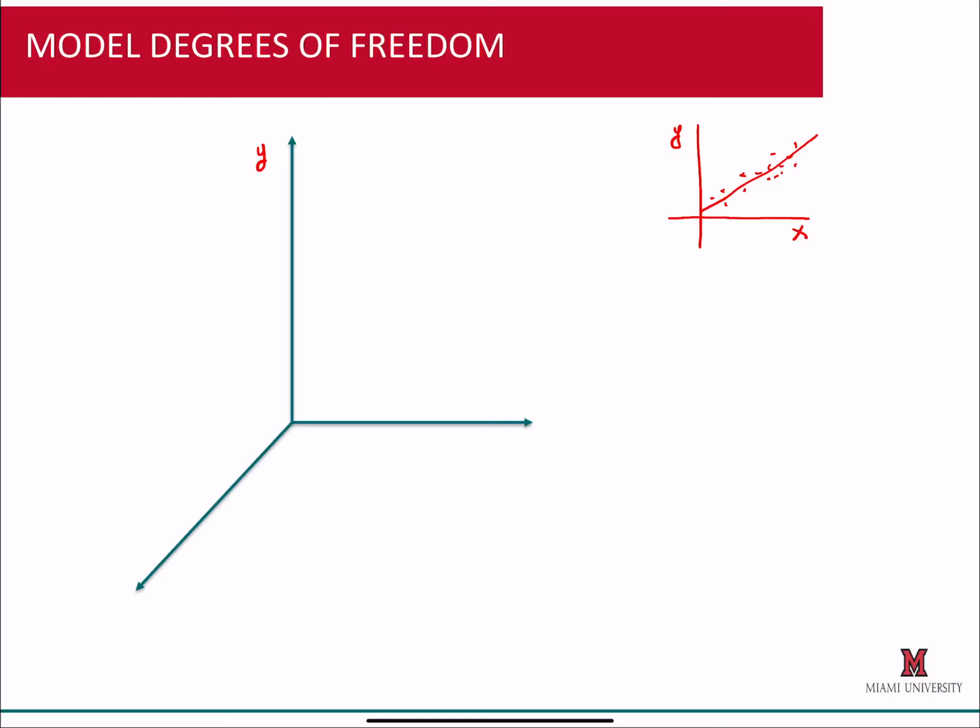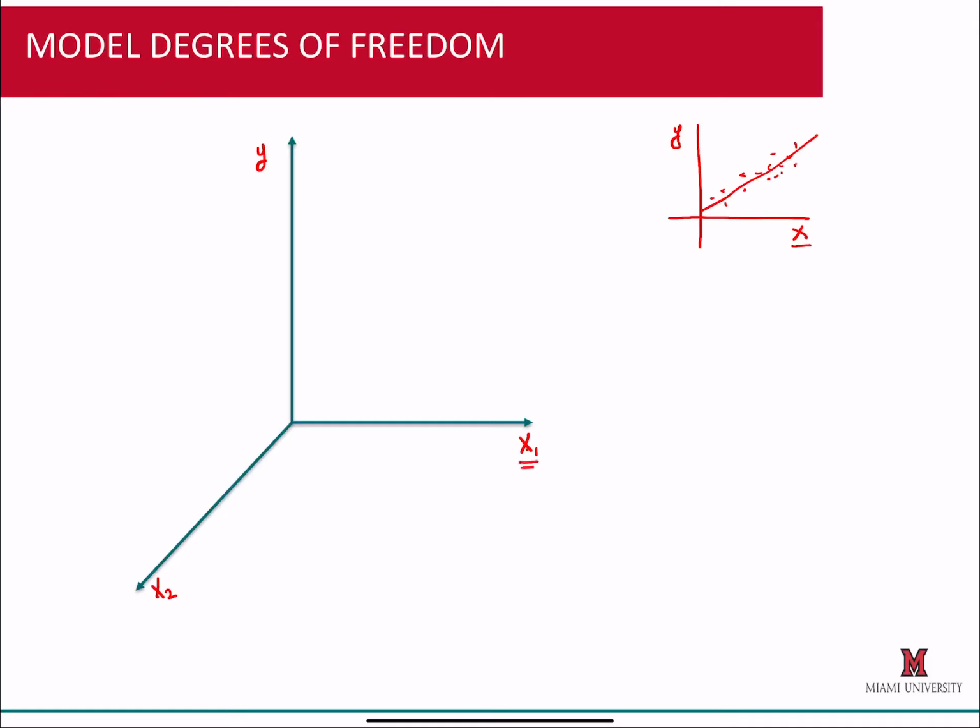When you increase the dimensions from one predictor to two predictors, then instead of just 2 dimensions, we now have three, what we call a three-dimensional space. So we have our y, we have our x1, and we have our x2. So with two predictors we are now in a three-dimensional space.